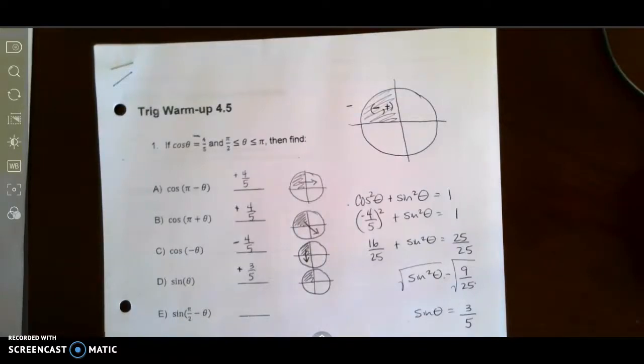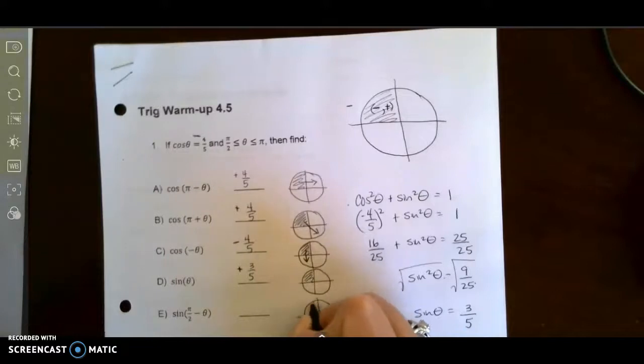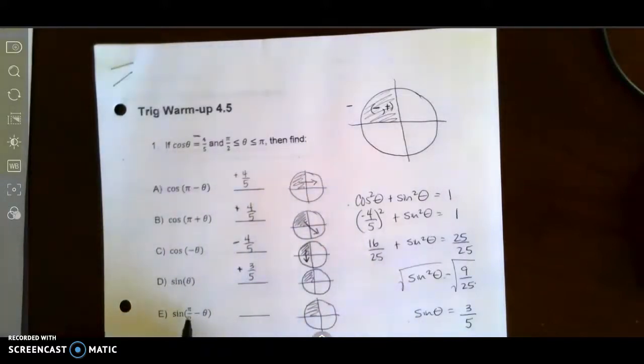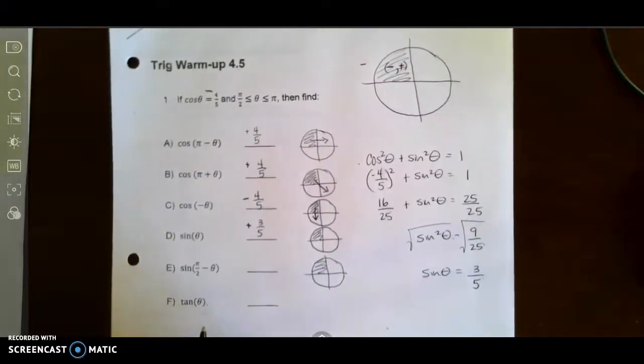Right. For the next one, I'm in quadrant 2, and it says pi over 2 minus theta. This is the complements theorem, which means that I'm going to look at the sine of the complementary angle.